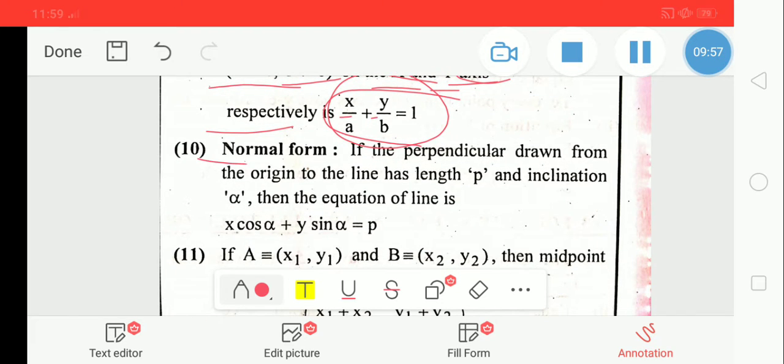And the normal form, which we know, is this one: x cos of alpha plus y sin of alpha is equal to p.